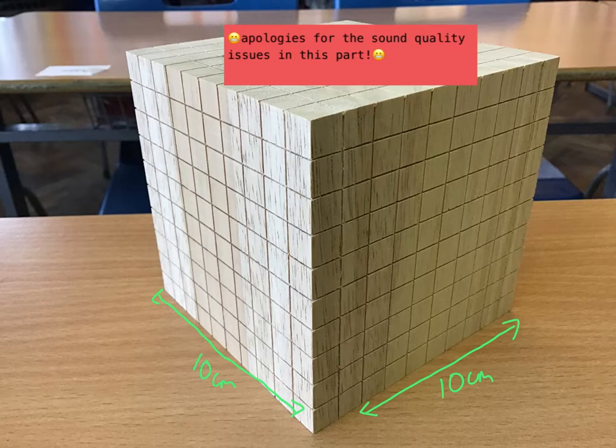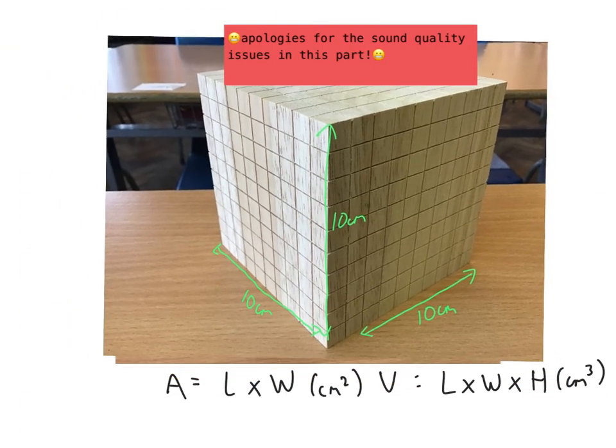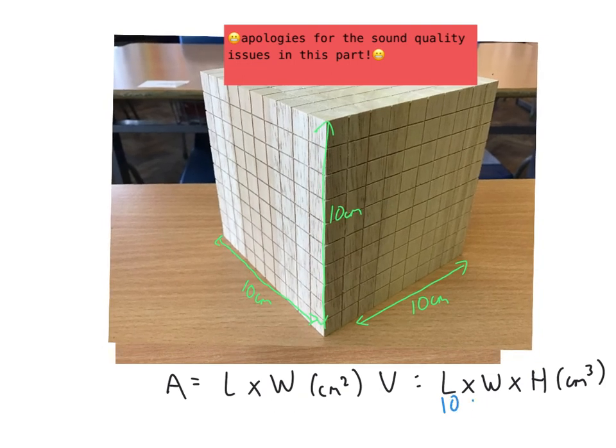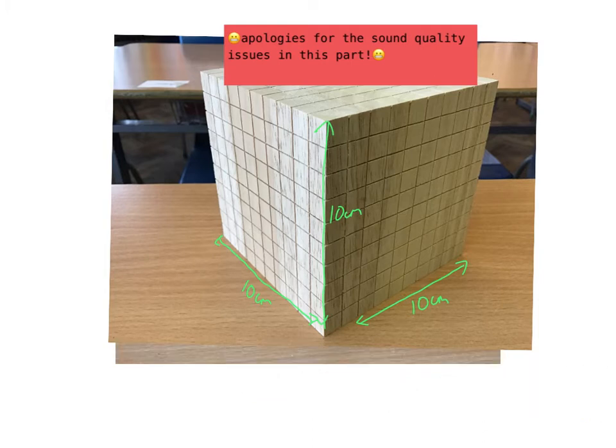And the height of the cube is also 10 centimeters. And I have to multiply those all together to find the volume. So the length is 10, the width is 10, and the height is 10. 10 times 10 times 10 is 1,000, so my volume is 1,000 centimeters cubed.